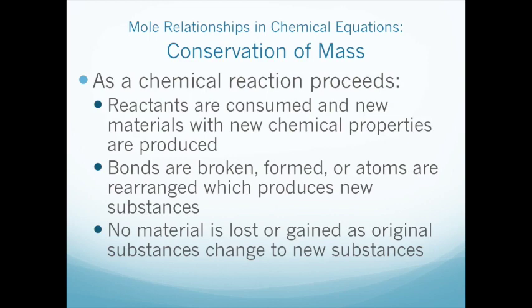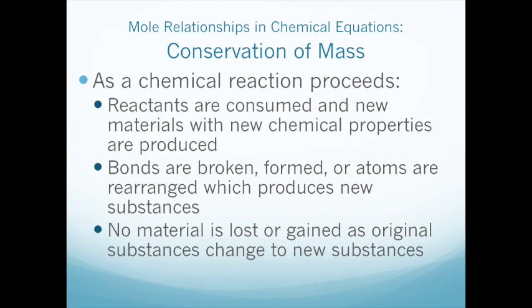So now we're going to talk about some properties of chemical reactions. We've mentioned before a little bit conservation of mass, but we'll reiterate. As a chemical reaction proceeds, reactants are consumed and new materials are produced with new chemical properties. However, the total number of atoms remains the same.